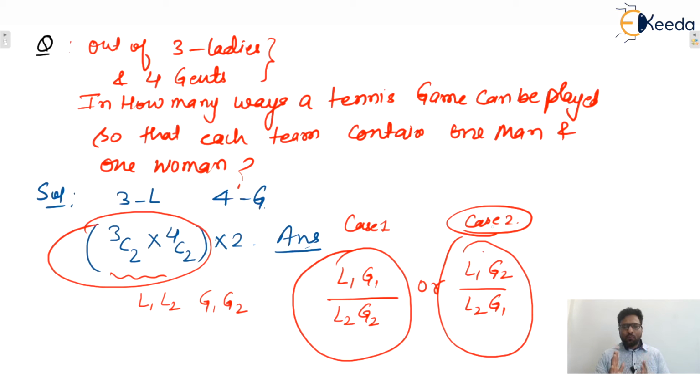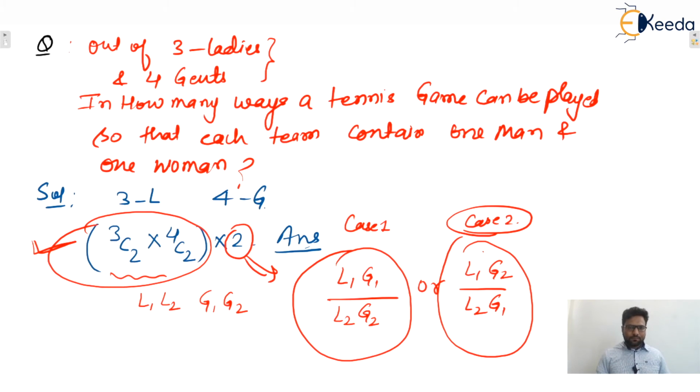Selection means combination. So we created combinations in 3C2 and 4C2 ways and multiplied with 2. Why this is multiplied, I clearly explained to you guys. So the correct answer will be this only. I hope this one is clear to everyone.